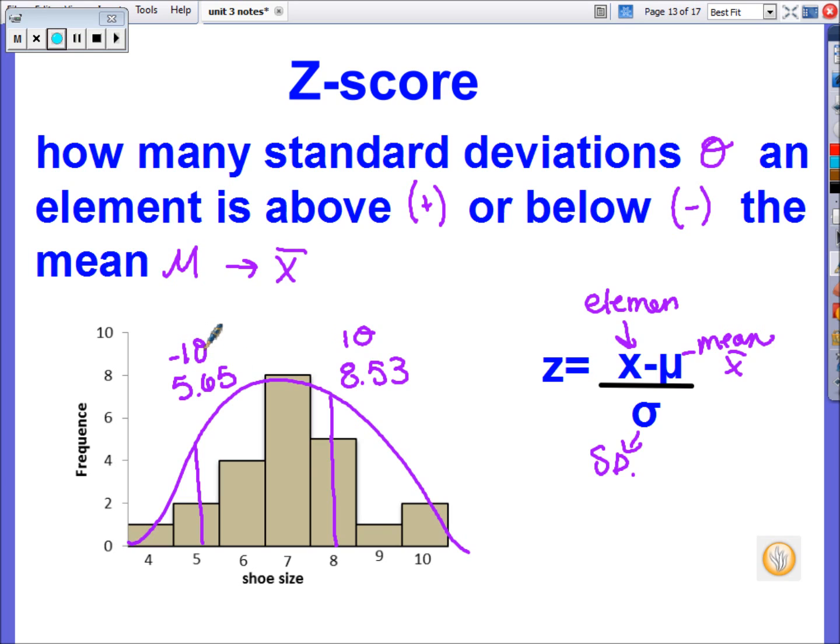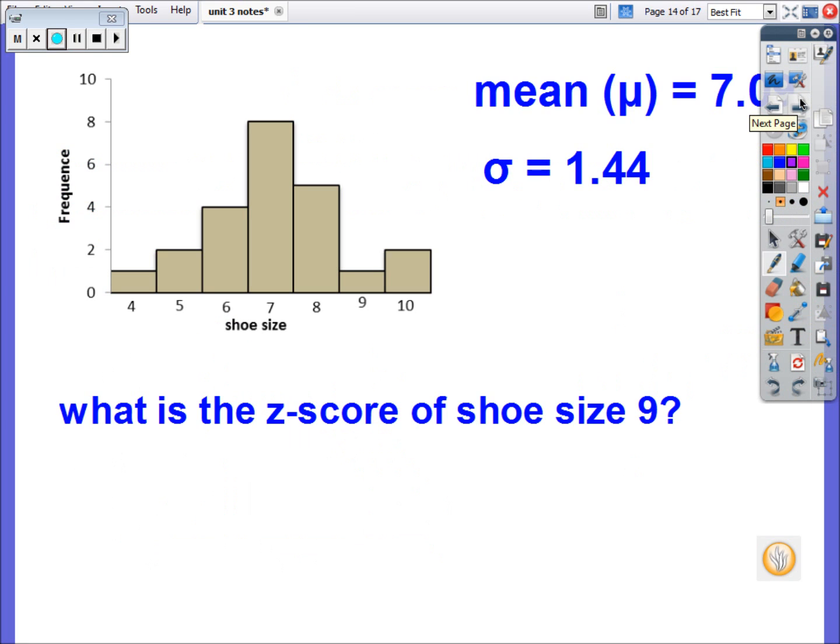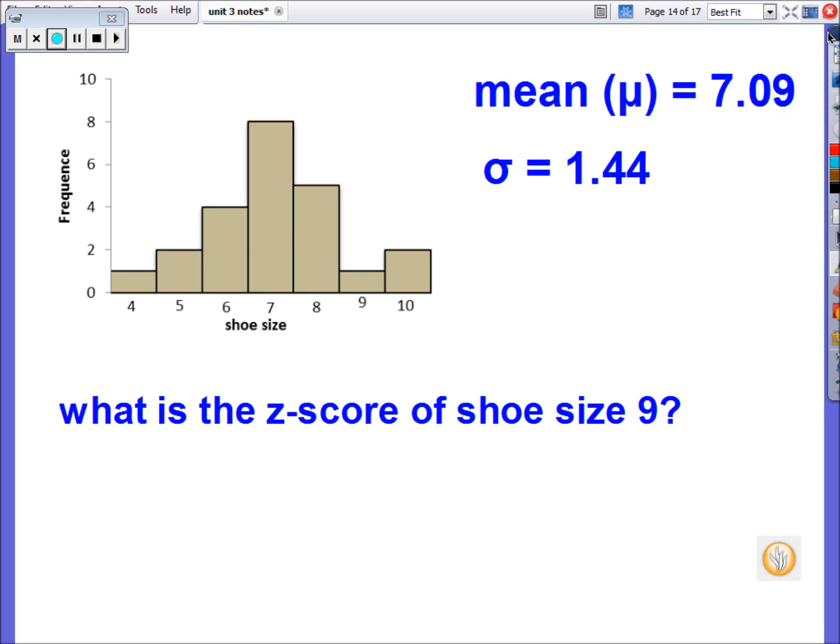And I found that because it was given to me that my mean was 7.9 and my standard deviation was 1.44. So again, we can see that 7.9 plus 1.44 is 8.53, and 7.09 minus 1.44 is 5.65.